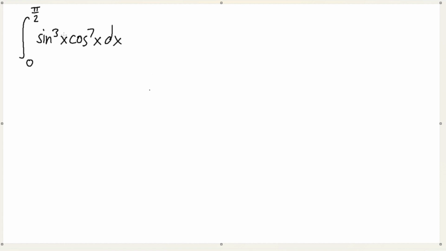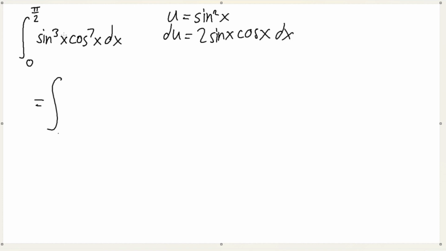Now be very careful. With the beta function, you need the 2, just like before. And to simplify it, you can let u equal sine squared. What that does is give us 2 sine x cosine x dx. So we would need that from 0 to 1, so we need a half. And we need to take away 1 of sine of x, 1 of cosine of x.